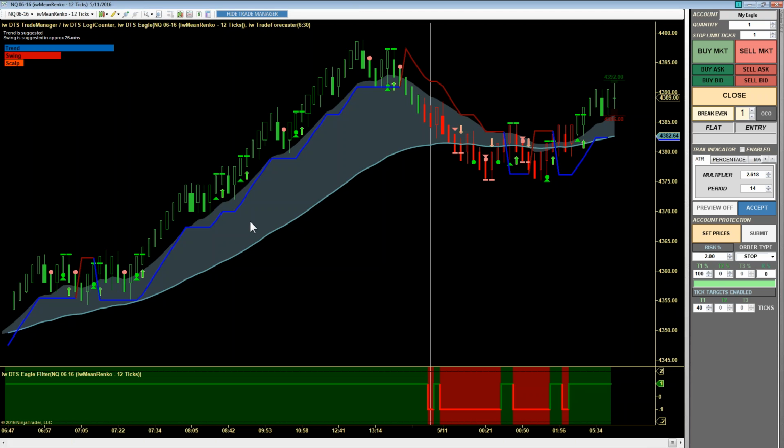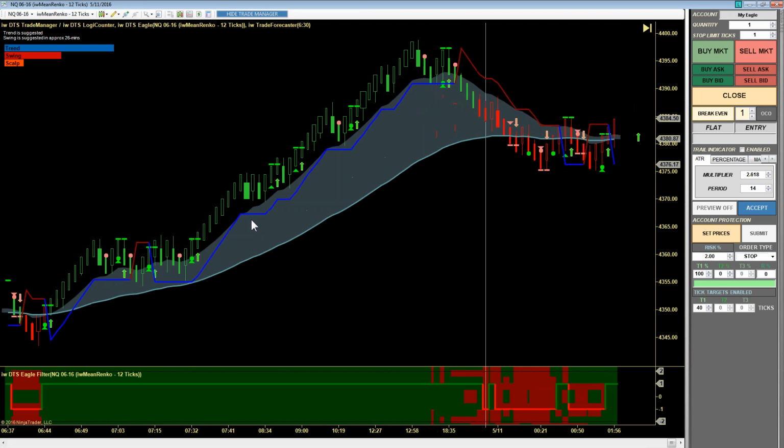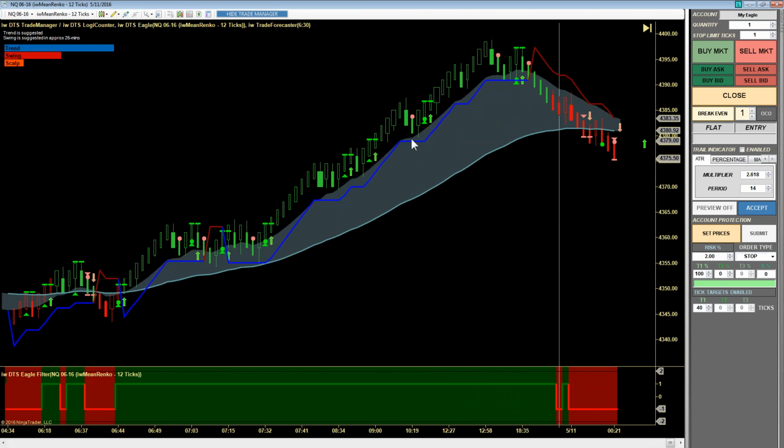Here on the Eagle Trend Trader, a slightly different setup. You're going to notice this band running through here. No, it's not an Ichimoku cloud. I know it looks like one. That wasn't intentional. Just worked out that way. Here too, we're looking a lot of times for confluence in the signal. So we have what we call a trend change signal right about here.